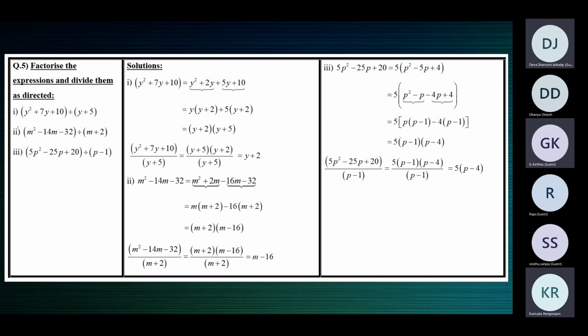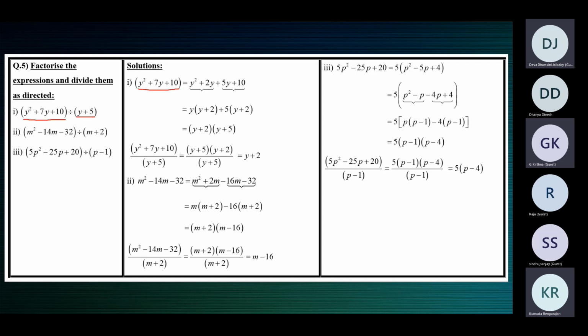In the first one, the numerator is y squared plus 7y plus 10. The denominator is y plus 5. Now take up the numerator. We always factorize, no? When there's something common, we bring out the common factor. Factorization can be done in other ways also. If possible, you can split the middle term. Now y squared plus 7y plus 10.